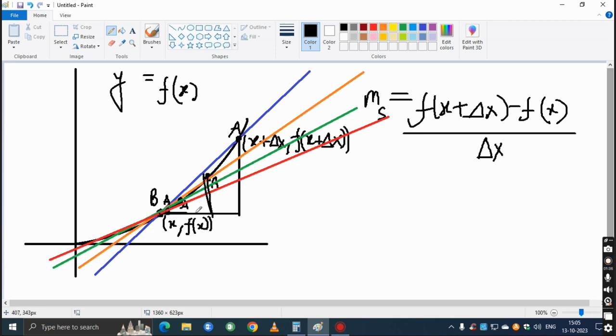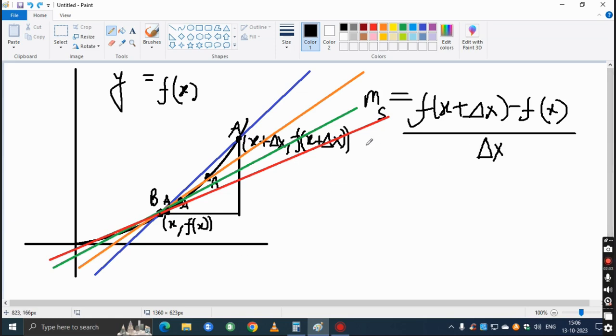When it was here, this became the width, and when the point A came here, this became the width. Now if I brought this over here, delta x has become so small that we can't even see it.